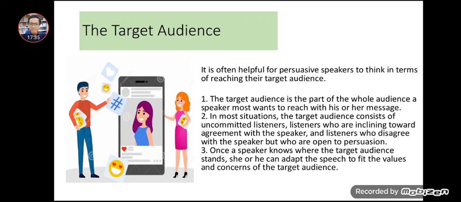There you go. So we have the target audience. The first category is uncommitted listeners. The second one is listeners who are inclining towards agreement with the speaker. And the third category is listeners who disagree with the speaker but who are open to being persuaded by the information delivered by the speaker.